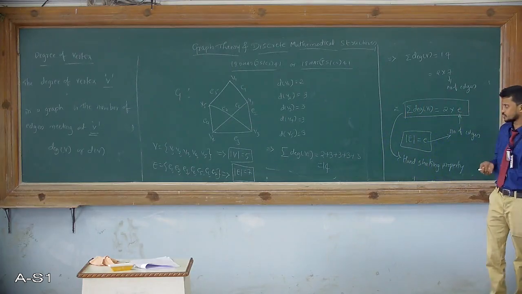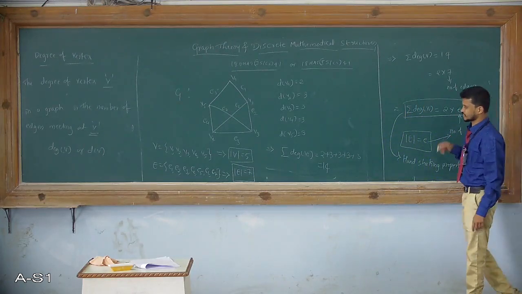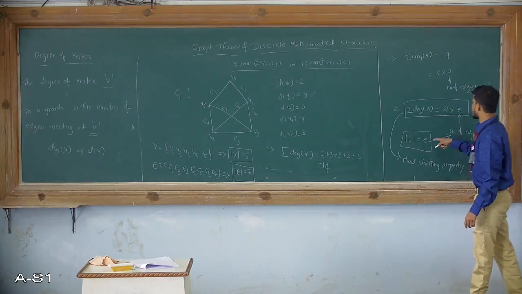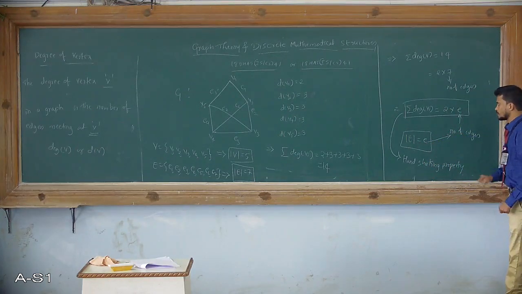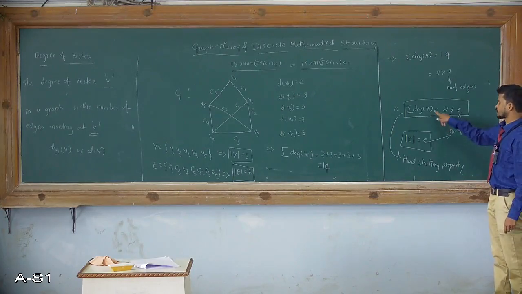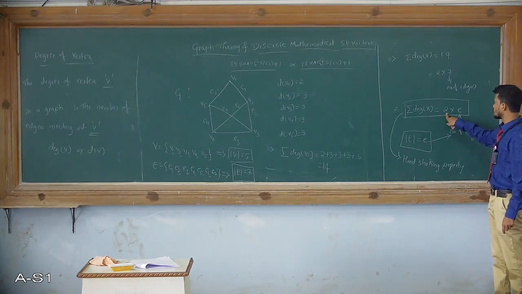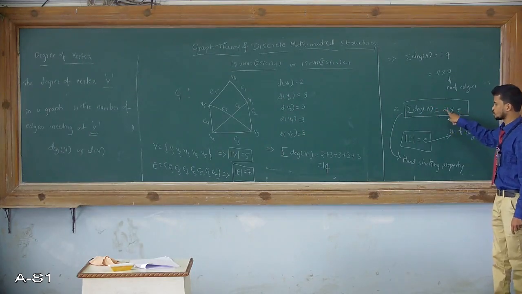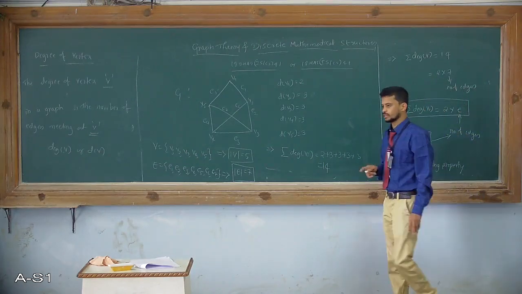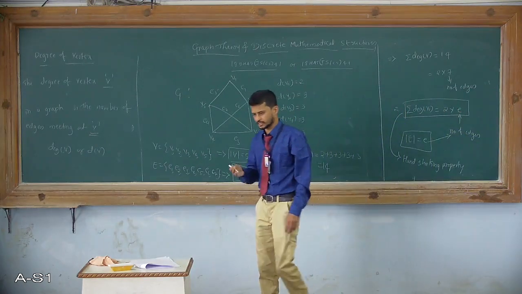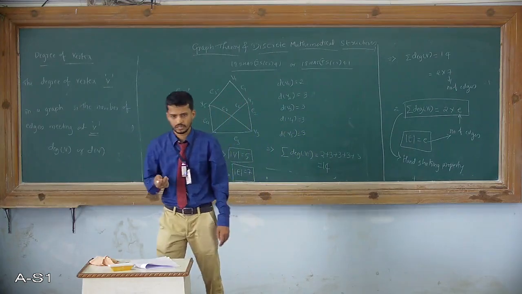For any graph G with a vertex set and an edge set, where the cardinality of the edge set is E, that is the number of edges present in E, the sum of degree of each vertex is equal to 2 times the number of edges. This is called the handshaking property, the very first property in graph theory.